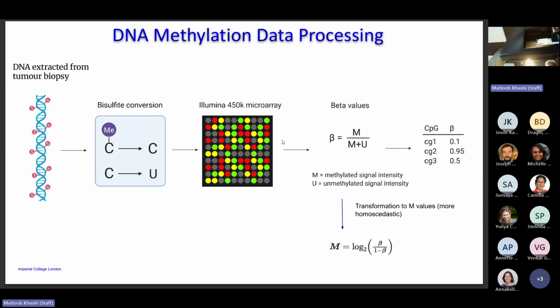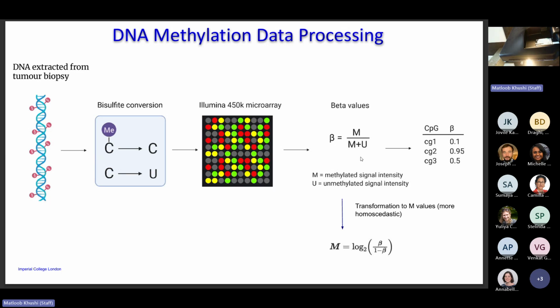Because it's an imaging-based technology, we have these signal intensity values, and we compute this thing called a beta value, which is a measurement of intensity in both the methylated and unmethylated regions of probes.